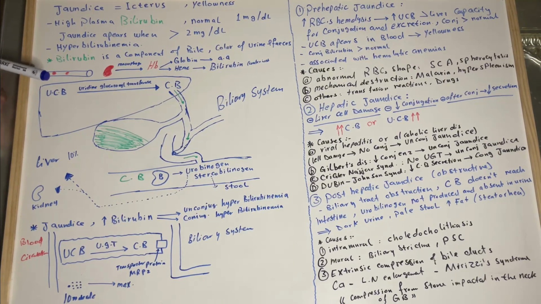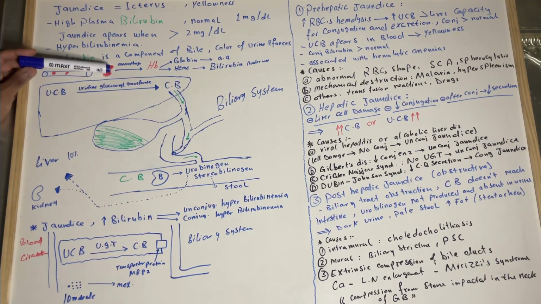And I mentioned in detail the bilirubin metabolism and the bile pathway in the previous video. But a quick refresher: red blood cells in the blood vessels, when they age, after the lifespan of 120 days, or if we have abnormally shaped red blood cells, are destroyed in the macrophage system or reticuloendothelial system.